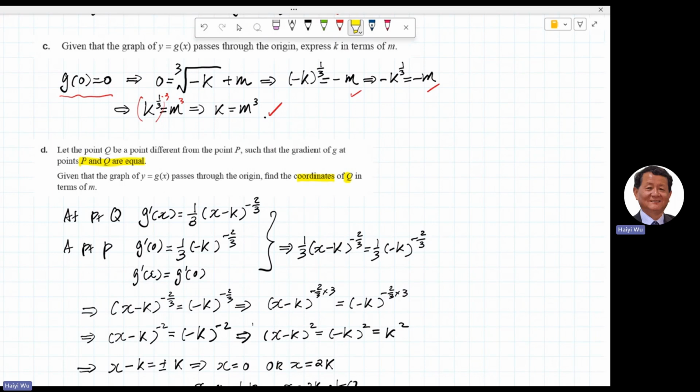So let's do that. At the point Q, I'm using the derivative function. So we do the differentiation, but at point P, we already did that. Therefore, g'(x) equals g'(0), and we want to solve the equation.